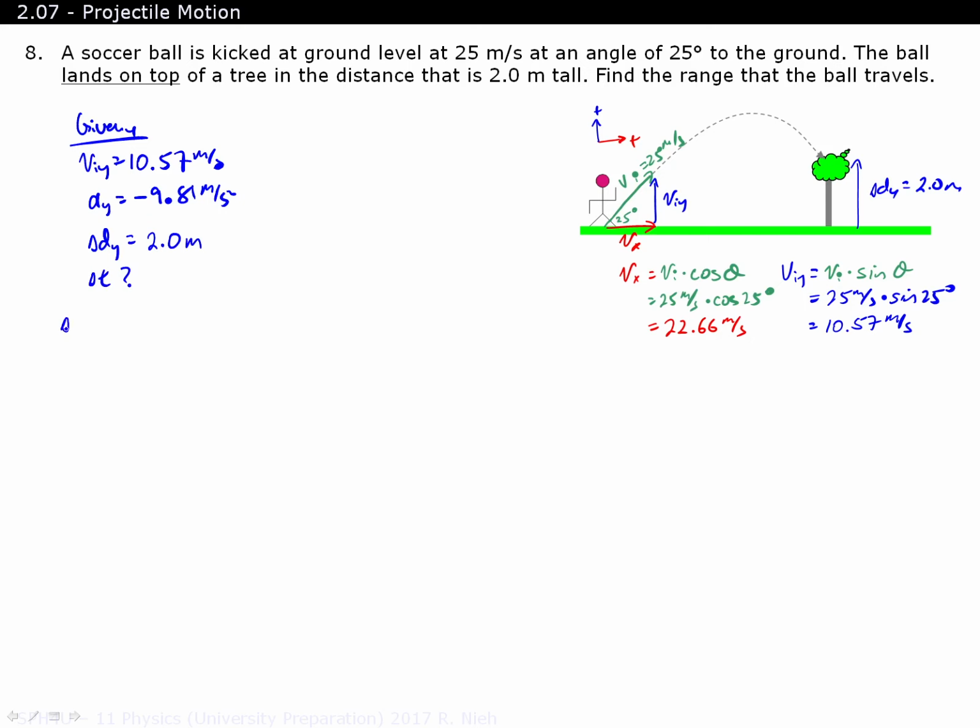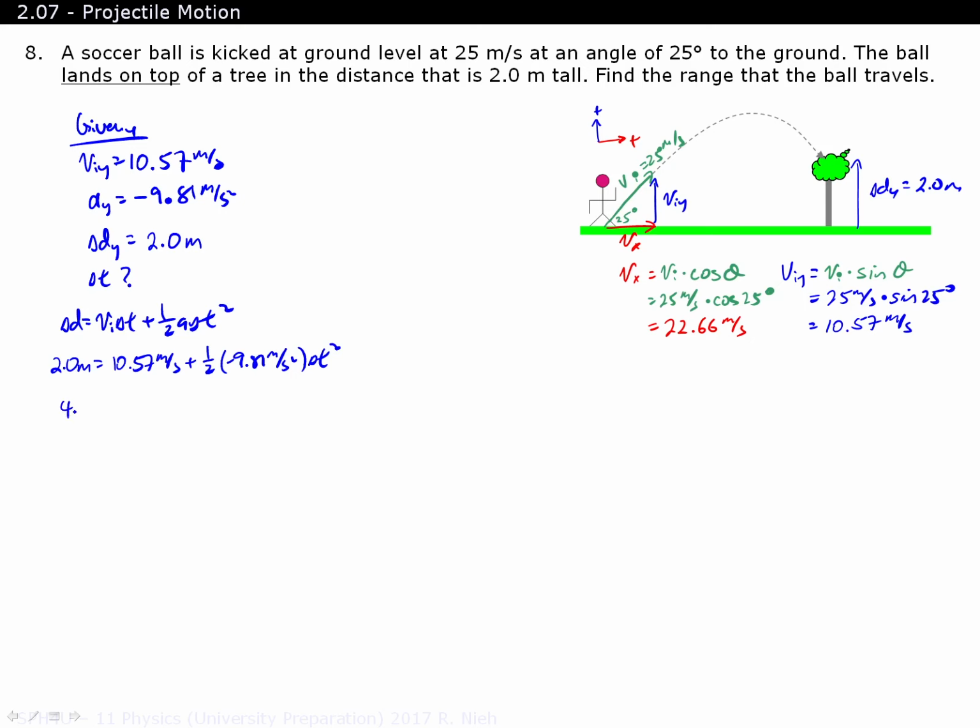Okay, so we're going to use this formula. Delta d is equal to vi delta t plus 1/2 a delta t squared. When we sub the values in, oh no, it looks like we need to use the quadratic formula. So 10.57 meters per second plus 1/2 negative 9.81 meters per second squared delta t squared. So just to keep my a term positive, I'm going to bring all the terms over to the left-hand side.